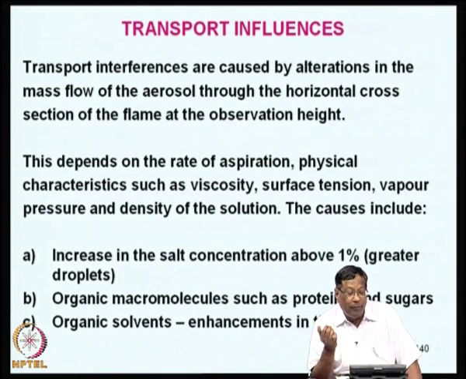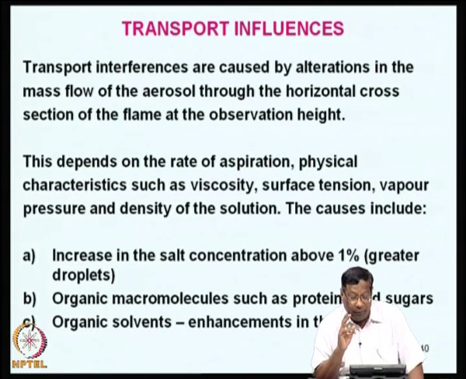This depends on the rate of aspiration and physical characteristics such as viscosity, surface tension, vapor pressure and density of the solutions. The causes usually include an increase in salt concentration above 1%.